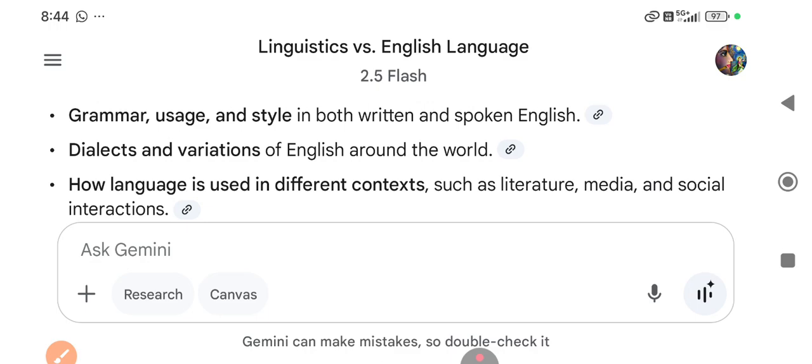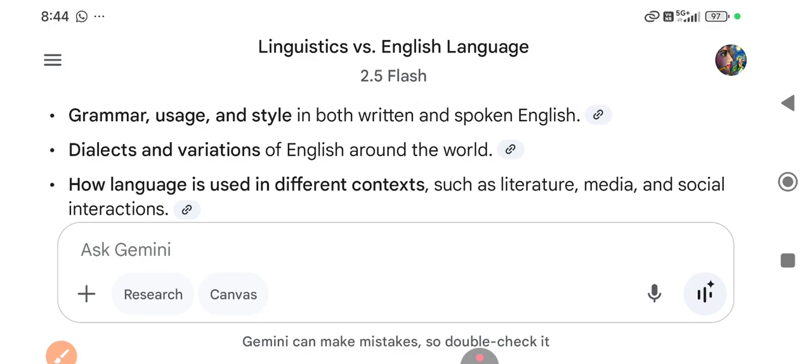Then dialects and variation of language. It is a very famous line that कोस कोस में बदले पानी, कोस कोस में बानी, meaning every 15 miles or so, the pani, the water, changes, and the vani, the language, also changes.